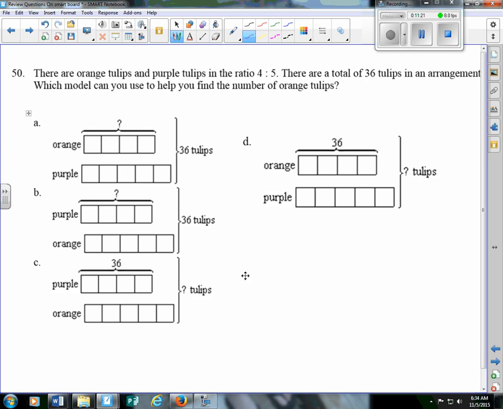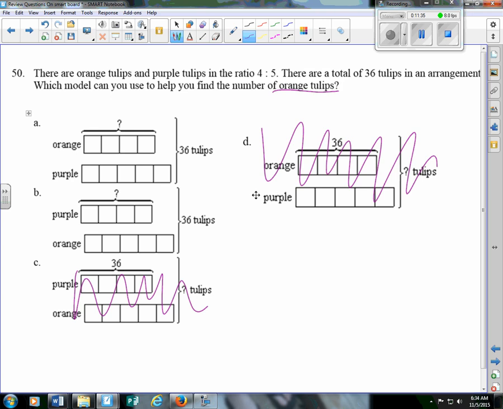So you pick the ones that have total. Well, these two are totaling it. So this is not correct, and this is not correct. Now we look at it, and it says, help you find the number of orange tulips. Well, this one's finding purple, because it has a question mark above the purple. So A would be the correct answer.